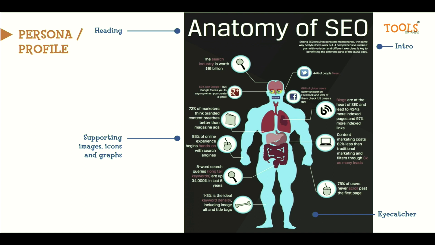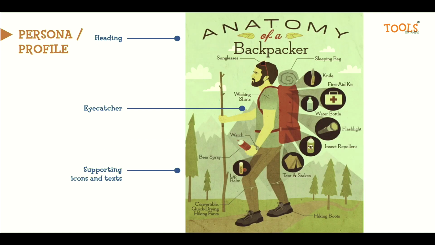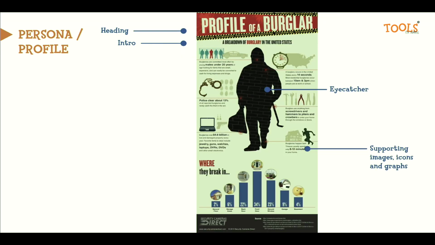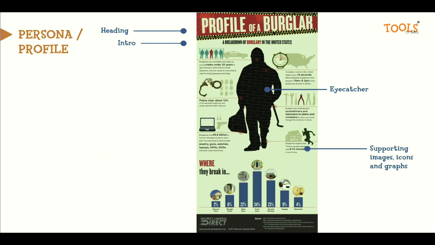And it usually is an image of a person, a character, surrounded by the several characteristics. And it doesn't matter what the subject is, but the main form is every time the same. So here we have the burglar. This clearly is a human, the backpacker. But the form in which the data is presented is the same in every one of them.